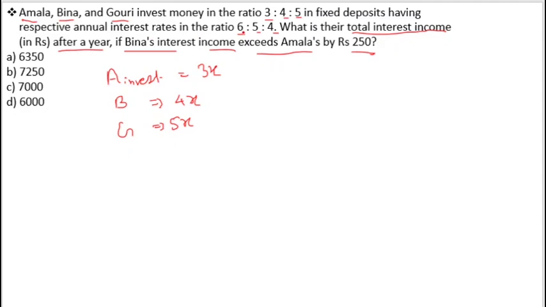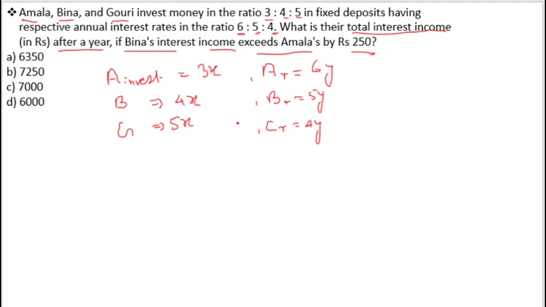Now the annual interest rate is given as 6:5:4. So let us say that A's rate of interest is 6y. In that case, B's rate of interest will be 5y and C's rate of interest will be 4y. This is the rate of interest.